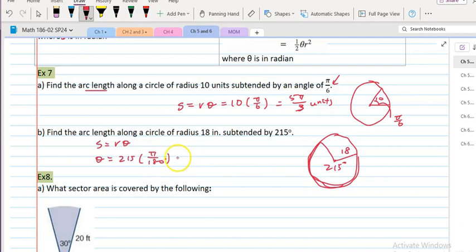So theta equals 215 pi over 180, right? And so S would be 18 times 215 pi over 180. The 180 and the 18 cancel, so it's 215 pi over 10. Divided by 5, it will be 43 pi over 2 inches. Okay, that's the exact value.